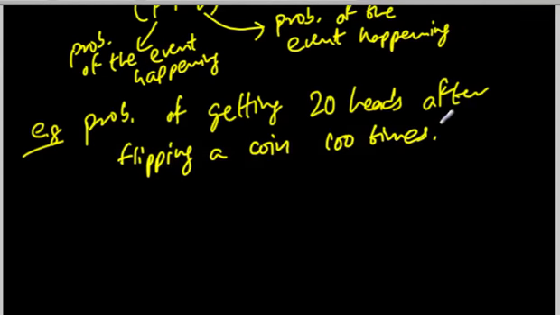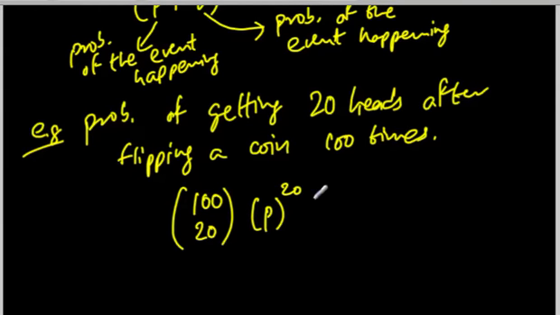In other words, if you flip a coin 100 times, what's the probability of getting 20 heads in total? Not necessarily 20 heads in a row. The probability is 100 choose 20, times P to the power of 20 and Q to the power of 80.